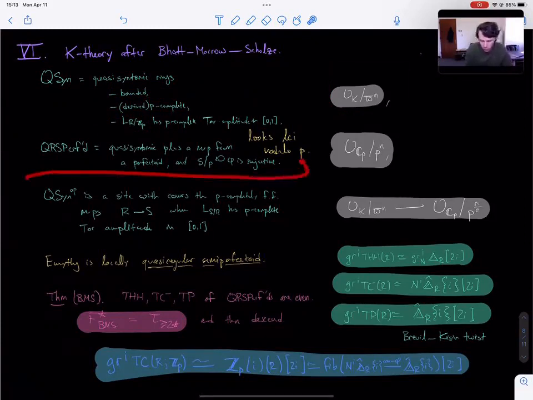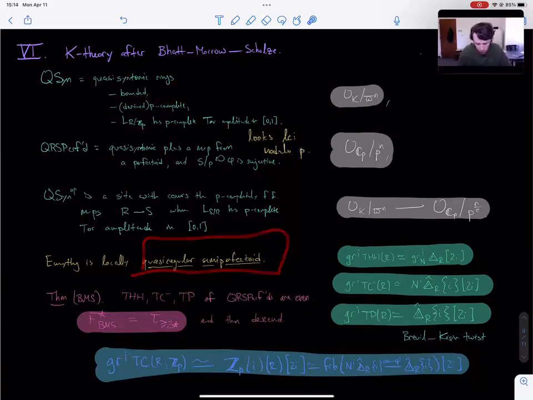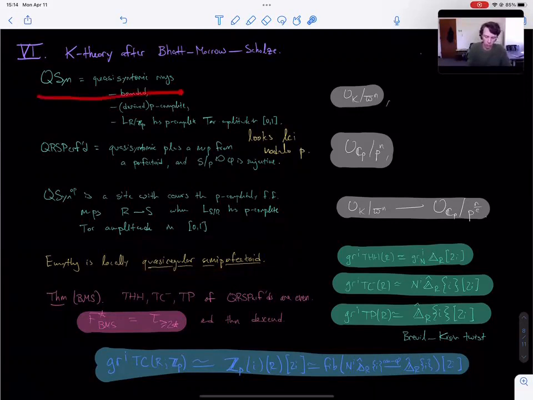There's also a notion of quasi-regular semiperfectoid, which is that a ring S is quasi-regular semiperfectoid if it's quasi-syntomic. Additionally, it admits a map from a perfectoid ring. And finally, S mod p is an F_p-algebra, so it has a Frobenius, and you want the Frobenius to be surjective. That's the semiperfect condition.